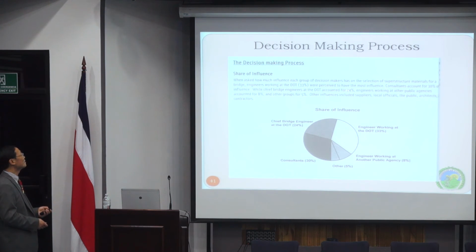So basically most decisions are made by the engineer who manages the project, in other words, who works for the government, and that's his boss. So their decision share is more than 50%. And the consultant, although consultants make decisions, actually has only 30% influence on a particular project.